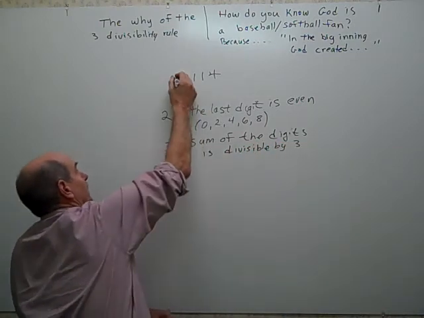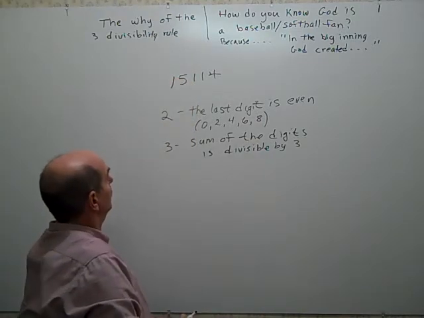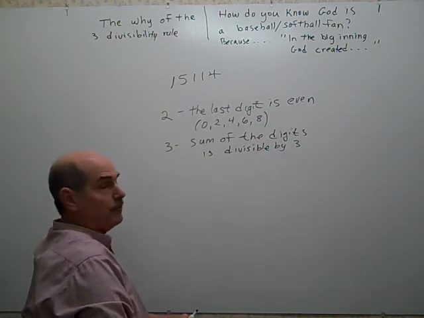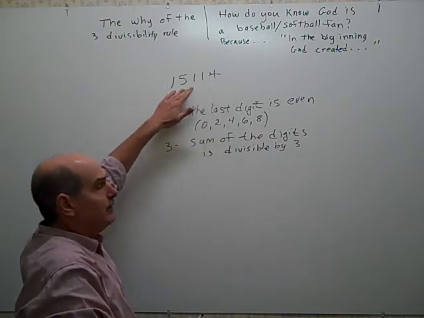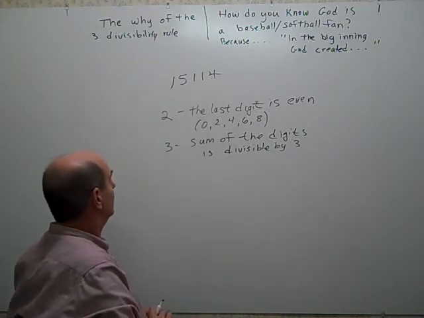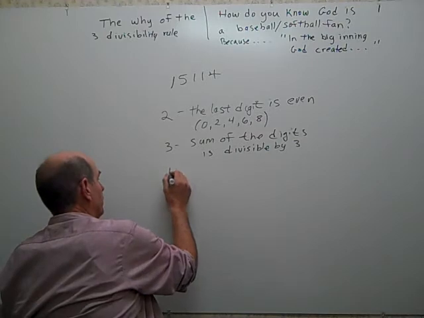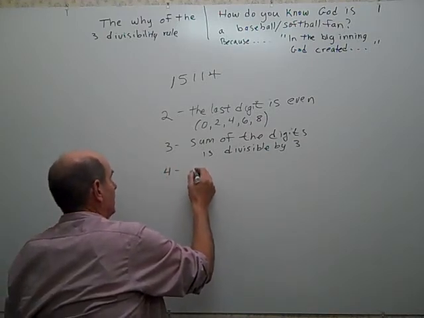However, if we put a 1 here, now if we add them up, we get 12. And since 12 is divisible by 3, we know without even doing the division that 3 will go evenly into 15,114.